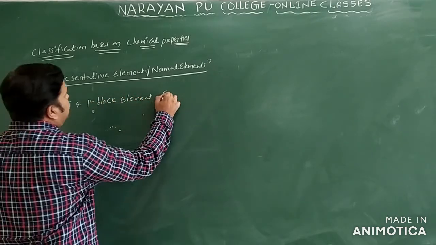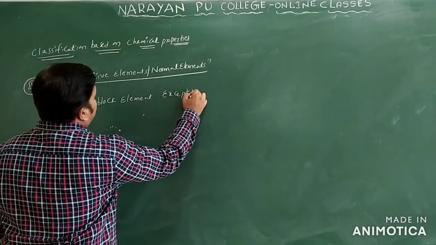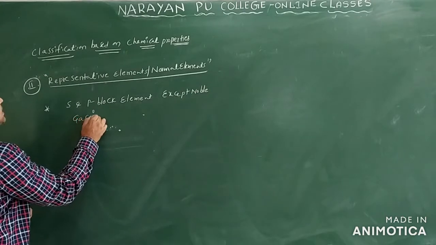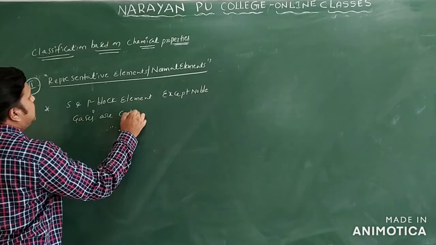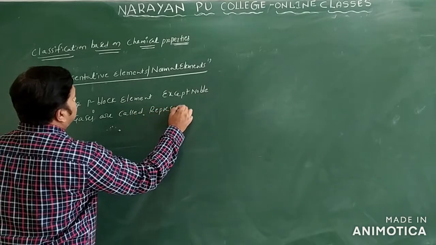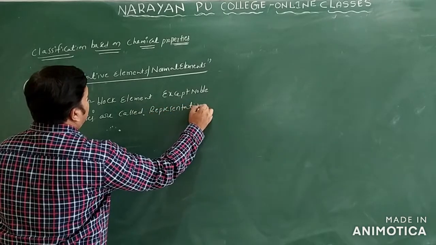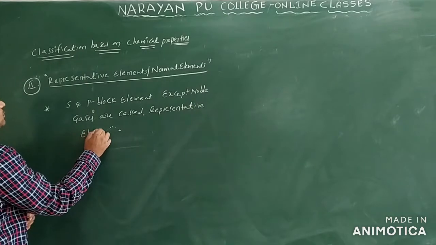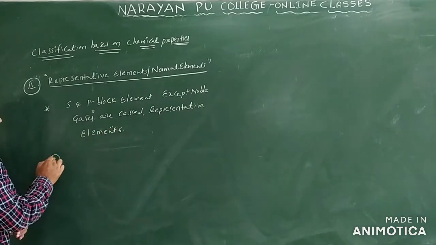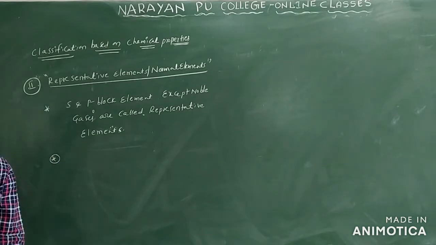S and P block elements except noble gases are called representative elements only. In these representative elements, what orbitals are filled here?